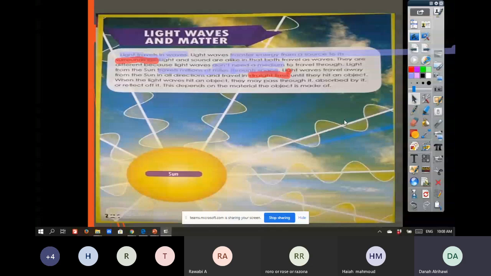The first group is transparent. The second one is translucent. Number three is the opaque materials.